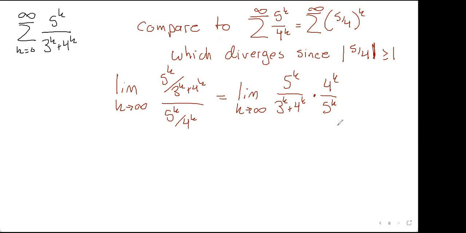And then we can cancel the 5s, which is good. But then we have 4 to the k and 3 to the k plus 4 to the k.